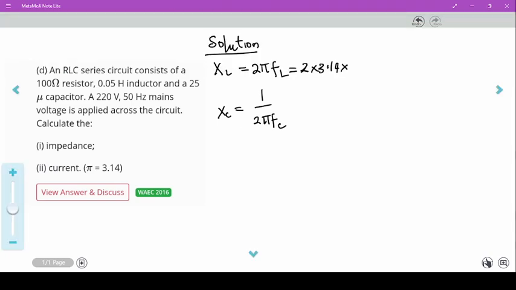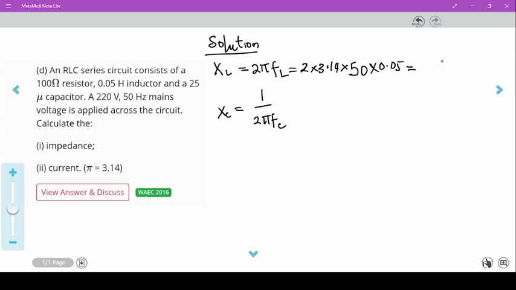Okay, so that would be 50 times our inductance, which is 0.05. This would give us 2 times 3.14 times 50 times 0.05.